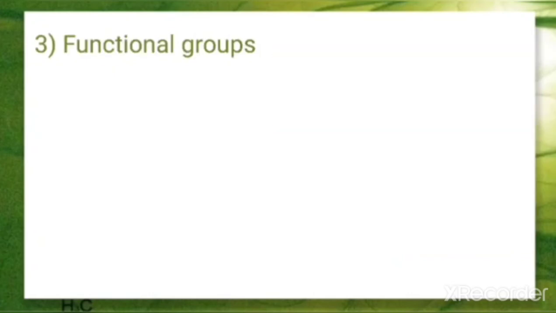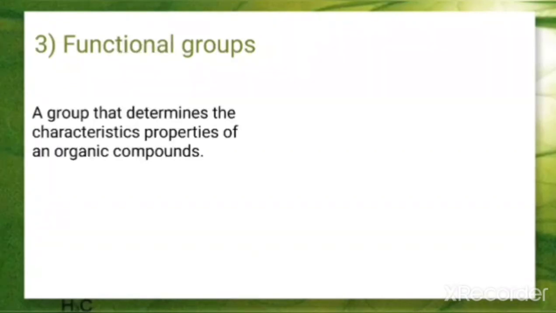The next part is the functional group. That is a very important part. The group that determines the characteristic properties of an organic compound is called a functional group. That means a group which determines whether the organic compound is an acid, or an amine, or an alcohol, or a ketone, or an aldehyde. So what determines that an organic compound is of a particular type?